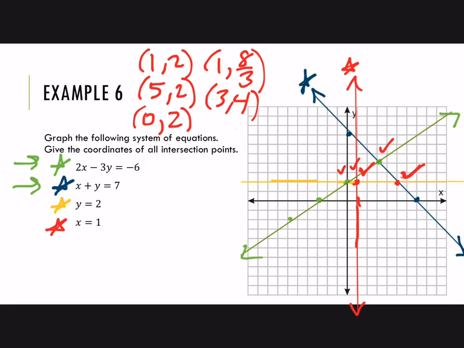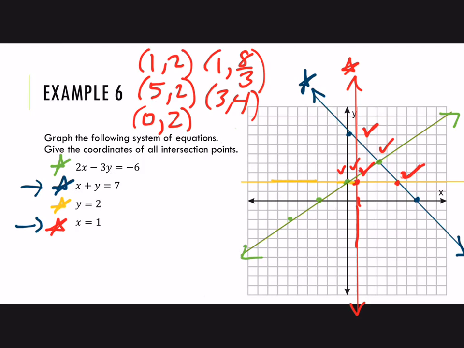Alright, what else do I have? I think I've done all of the yellow line intersection points and all of the green line ones. The red one, I've done most of those, but I think there's one more. I want to look at this point right here, okay, red and blue, where they intersect. Alright, so I'll use substitution again.